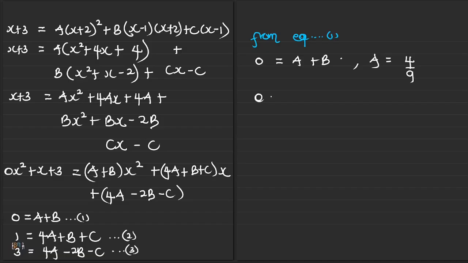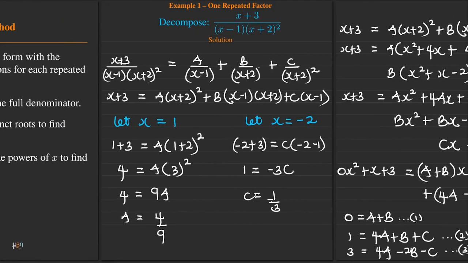It simply means 0 is equal to 4 over 9 plus b. And making b the subject, b is simply equal to negative 4 over 9. Very simple, isn't it? So with this, we now come all the way back to our decomposition right here.